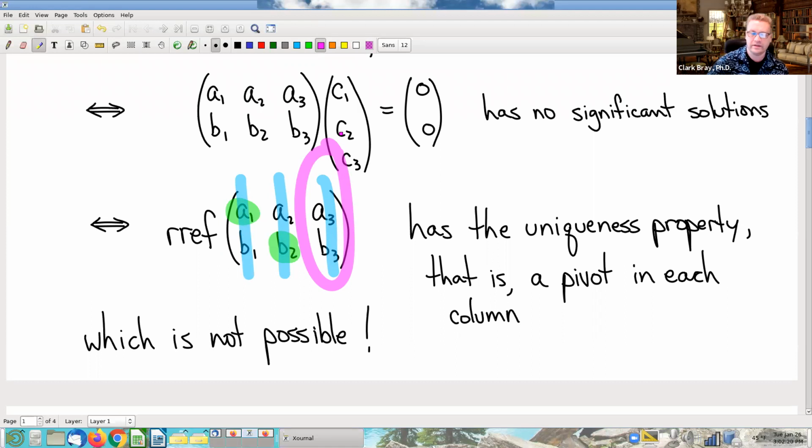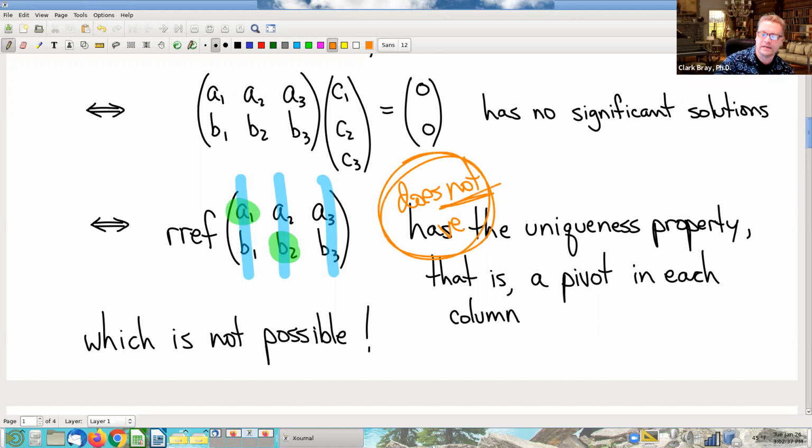And that means that this matrix does not have the uniqueness property, right?